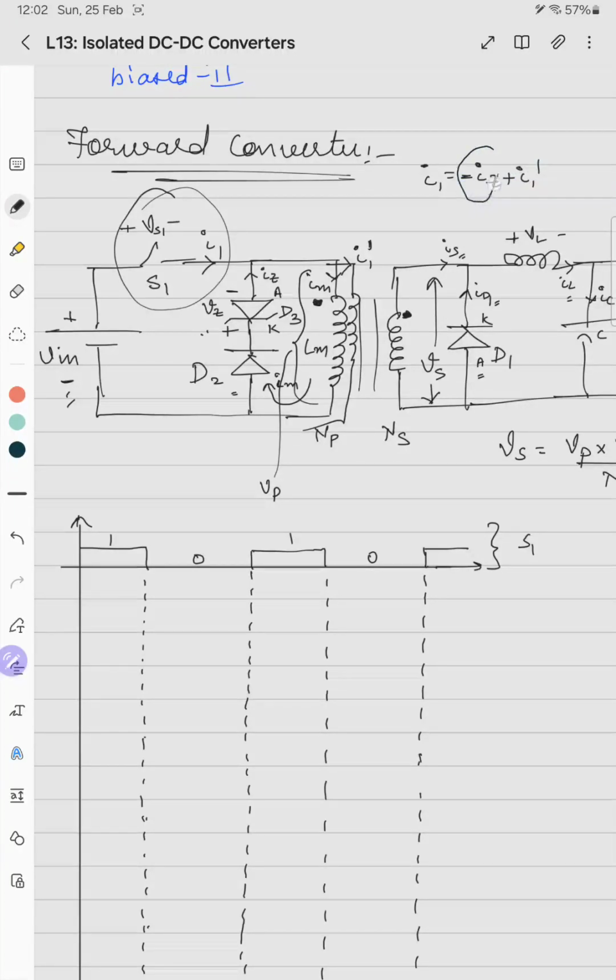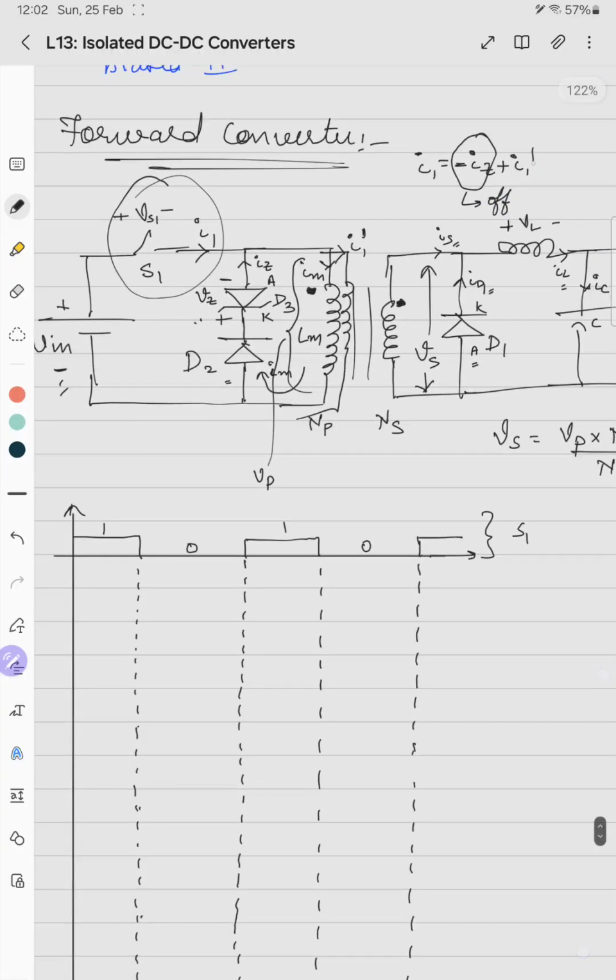So this minus IZ will come into the picture only when the switch is off, and I1 dash will be there only if it is on, which means that when the switch S1 is on, I1 equals I2 dash. And when the switch is off, I1 will be equal to IZ, and in that case IZ is equal to IM because D1 is forward biased.